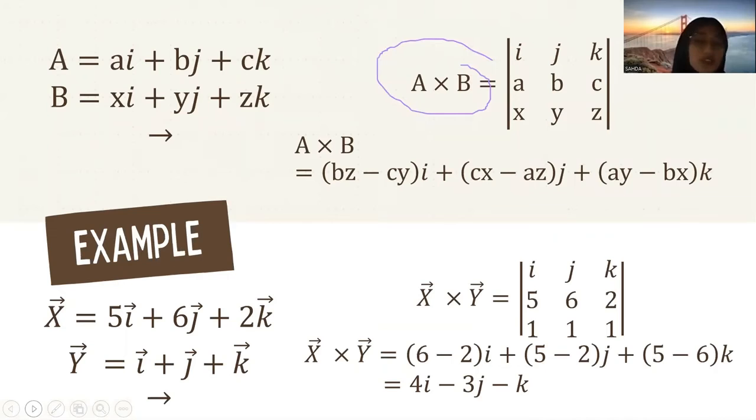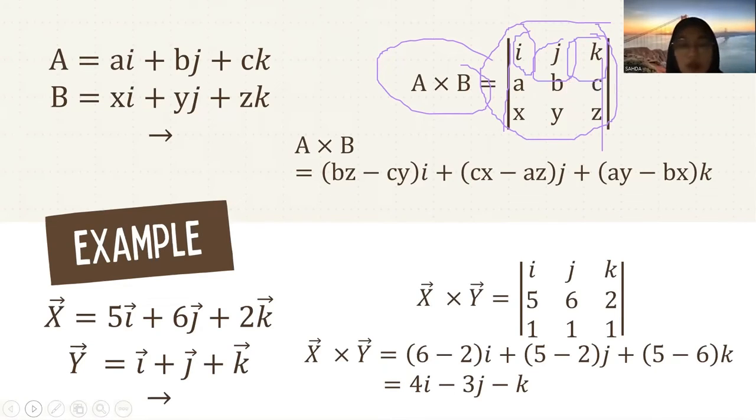So what you have to do first is construct a matrix, and the matrix looks like this. This is a matrix. So you make a bar. This is a bar. And you're going to arrange i hat, j hat, and k hat in the top row.